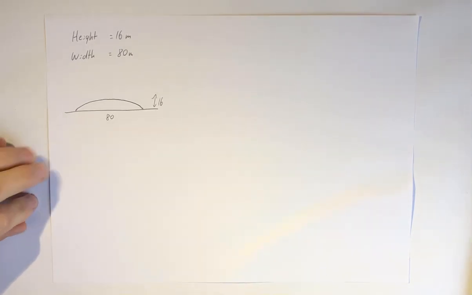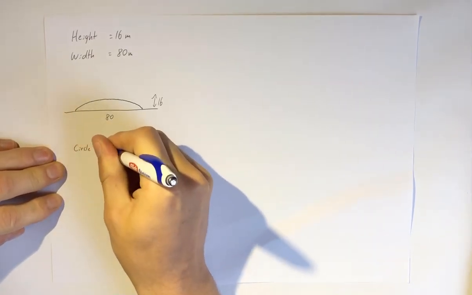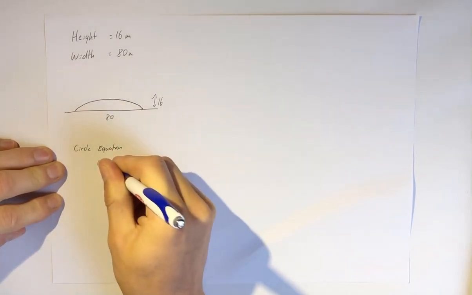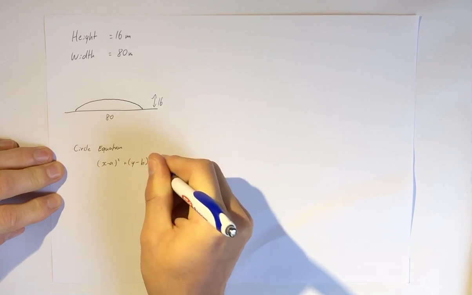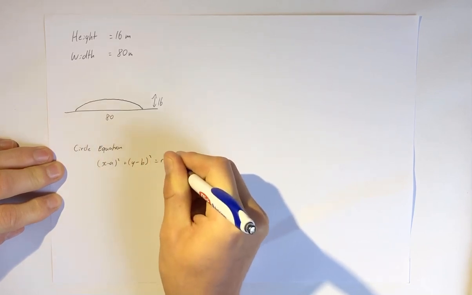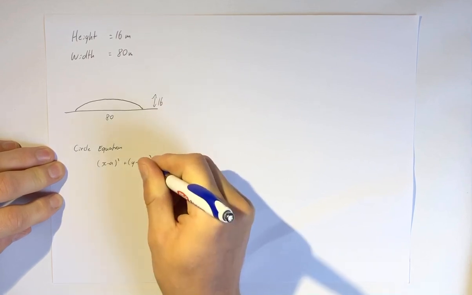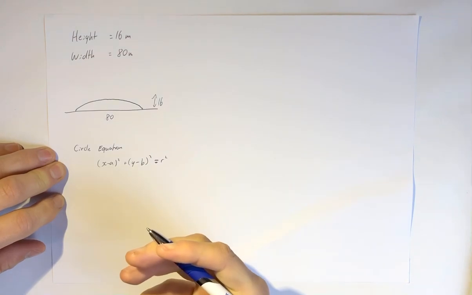So, just a quick recap of the circle. The circle equation came out to be (x minus a) all squared plus (y minus b) all squared, and that was equal to the radius of the circle squared. We also went over parametric equations in class.